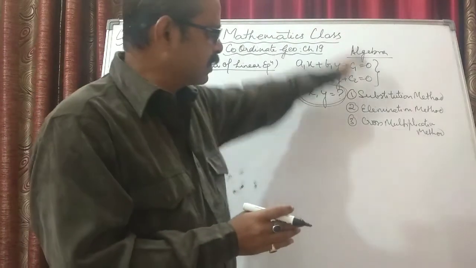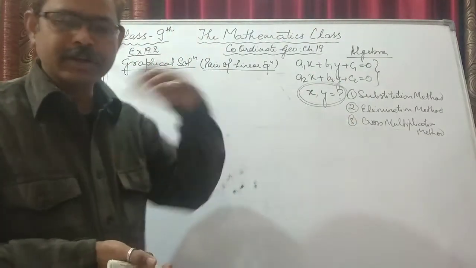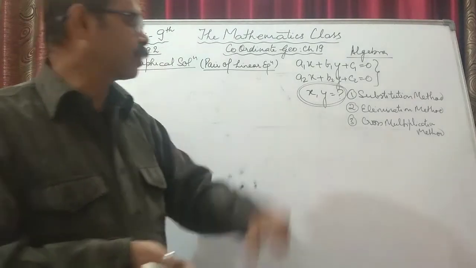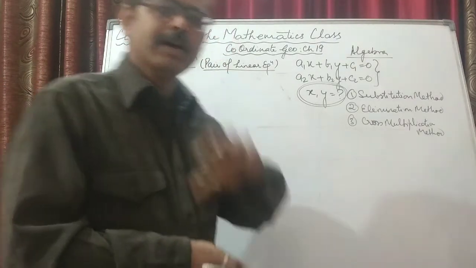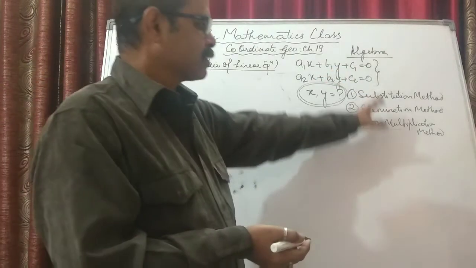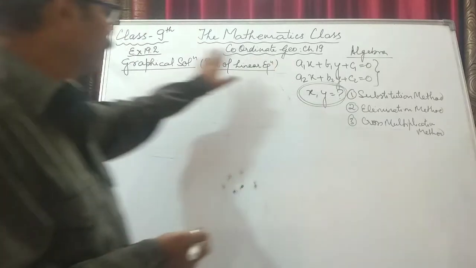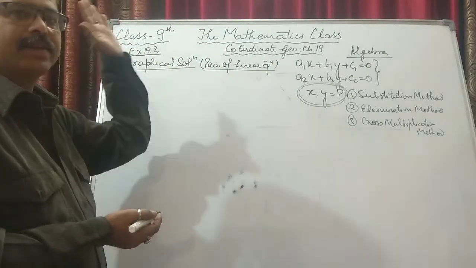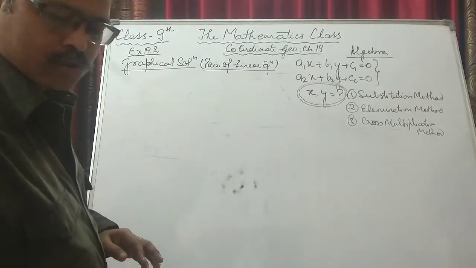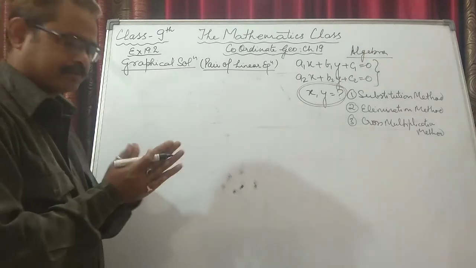Everything is the same, but the method of calculating the values of x and y is very different. Here we used similar calculations, addition, subtraction, multiplication, but here we are going to draw the graphs and then we are going to solve them or find the values of x and y.